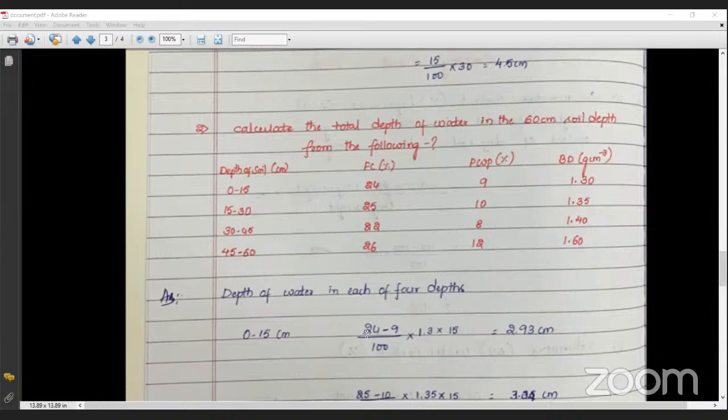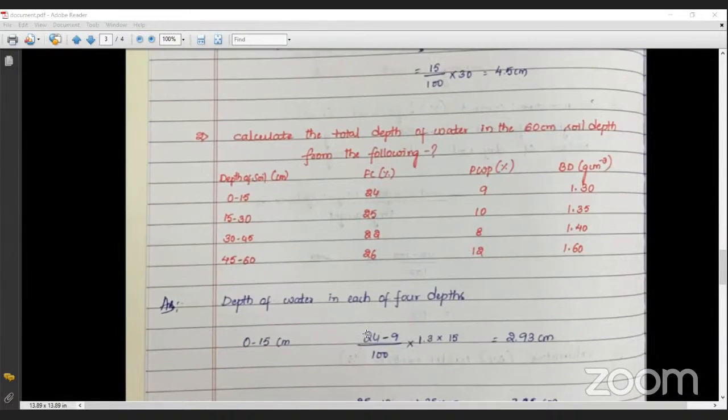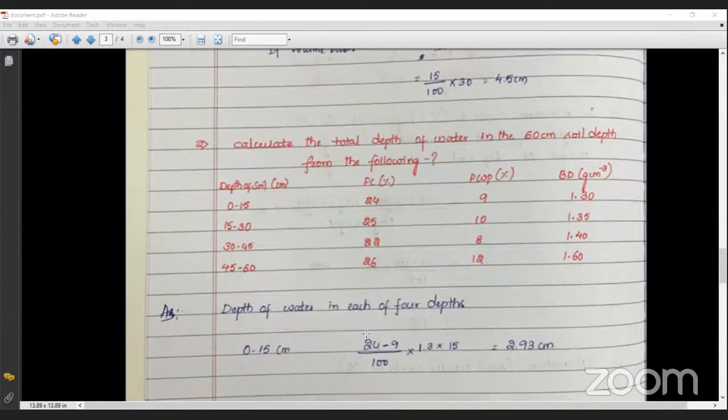Can you please calculate for another layer, that is 15 to 30, so that I can say yes, you are alert. By using the same formula, take the depth of the soil and calculate now itself, so that it will be easy for you and some doubts will be clarified. Seeing the class is different from calculating with the formula.